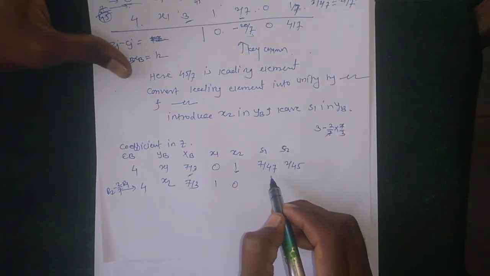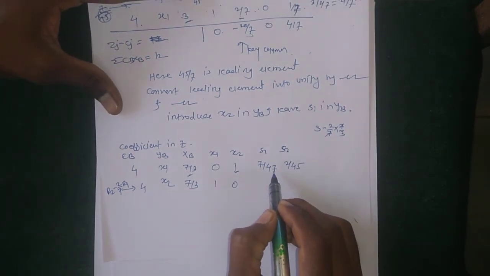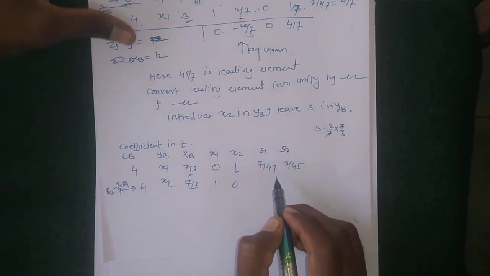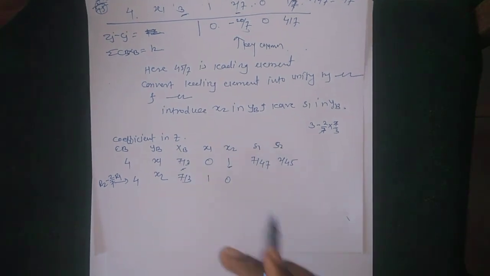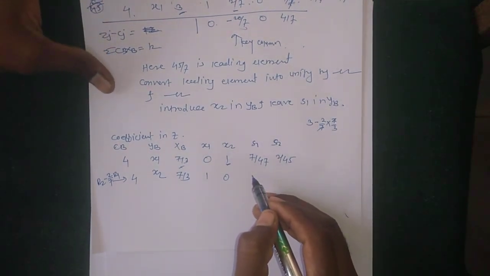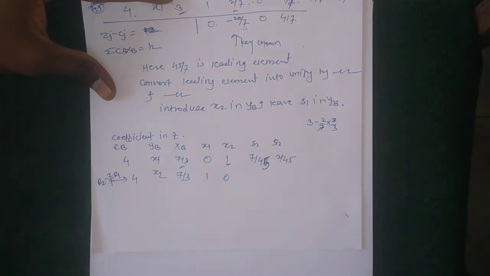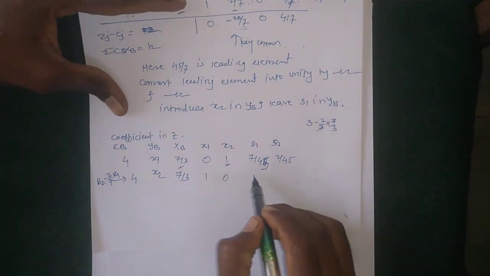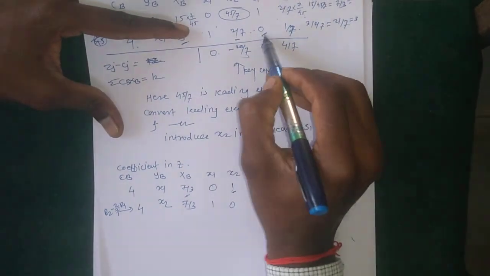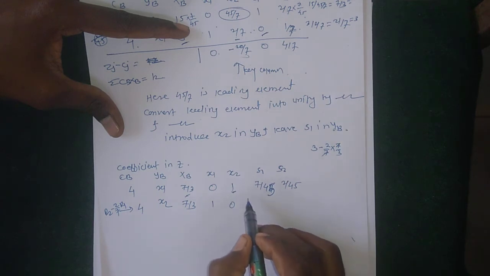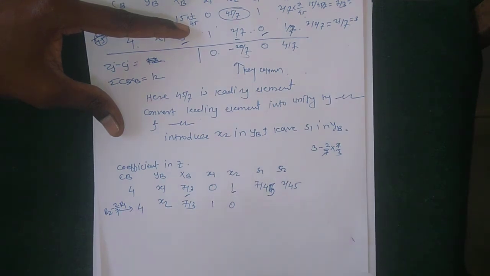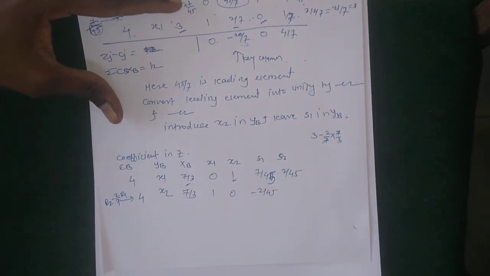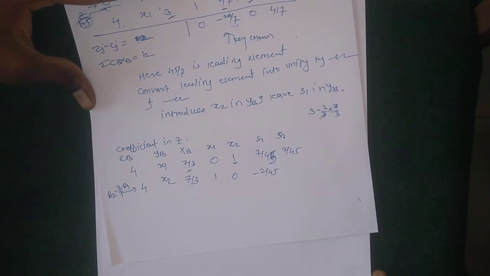Then 0 minus 1 upon 7 upon 45 here. So here next is S1 column is 0 minus 2 by 7 into 7 by 45, 7 get cancelled, minus 2 by 45 remaining.